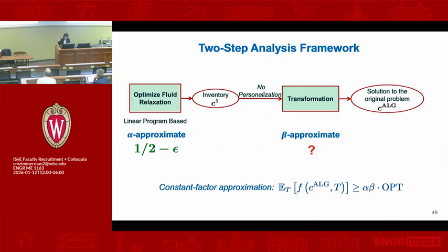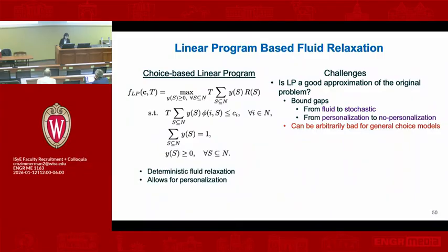And this part is harder and it's the main challenge for this no personalization setting. Because this LP relaxes the original problem in 2 ways, to bound the gap between this LP and the original stochastic problem, we really need to bound the gap that comes from those 2 relaxations. So we need to get the gap from fluid to stochastic and from personalization to non-personalization. And in fact, for general choice models, I have counterexamples showing this gap could be arbitrarily large.